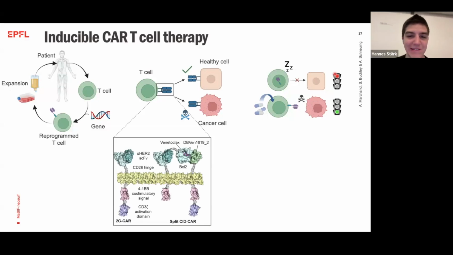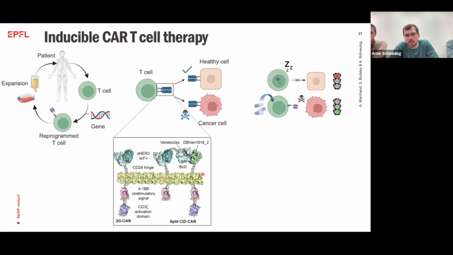Let's do that. So basically, this is the format of a split CAR T cell. On the left here, this is a second generation CAR, where right here you have an anti-HER2, which is a well-known cancer biomarker, and then you have intracellular signaling domains.